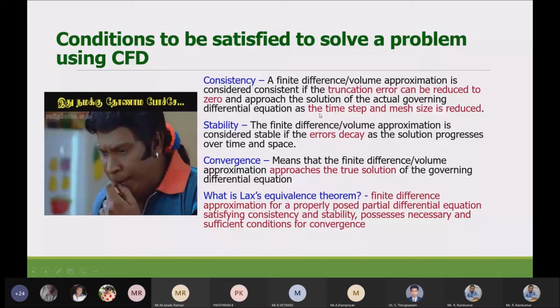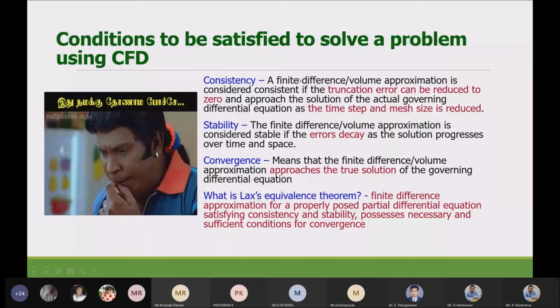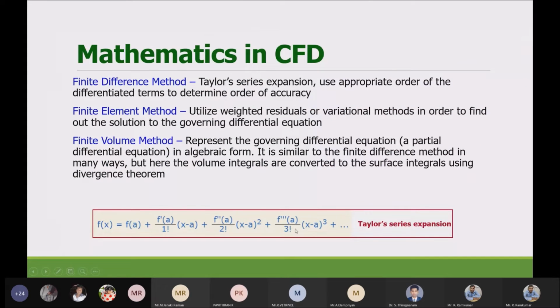Basically, since I said we are using an approximate differential equation, meaning we are stopping somewhere here, we need to see if that approximate equation has its error reduced as we go on adding terms to it. Meaning, first order accurate means the accuracy is only up to this much. So naturally, adding more terms should improve the accuracy drastically, and it should come to the analytical function that we want.